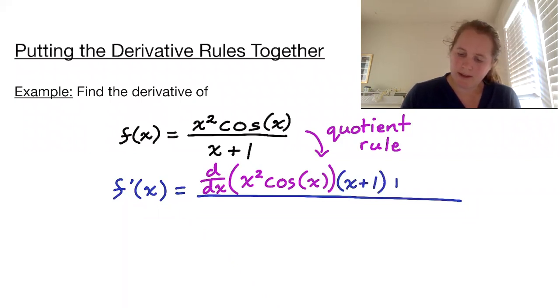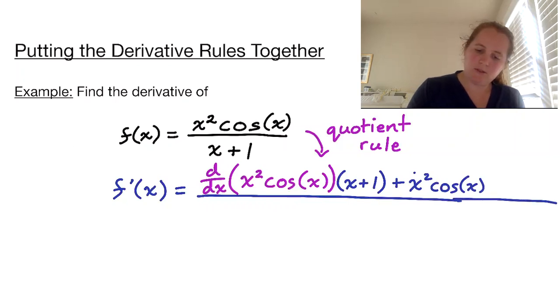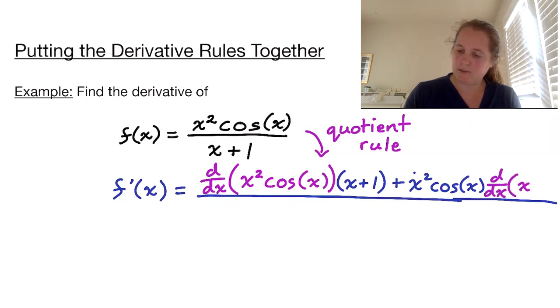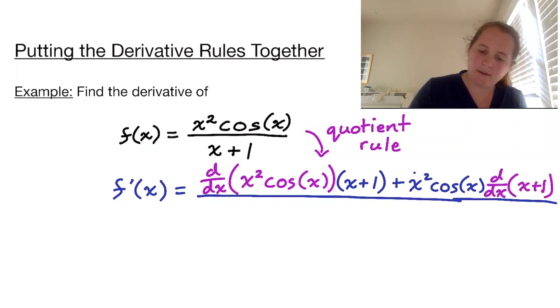Then to that we will add the first, x squared cosine of x, times the derivative of the second, x plus 1. Sorry, we don't add, we subtract for the quotient rule.